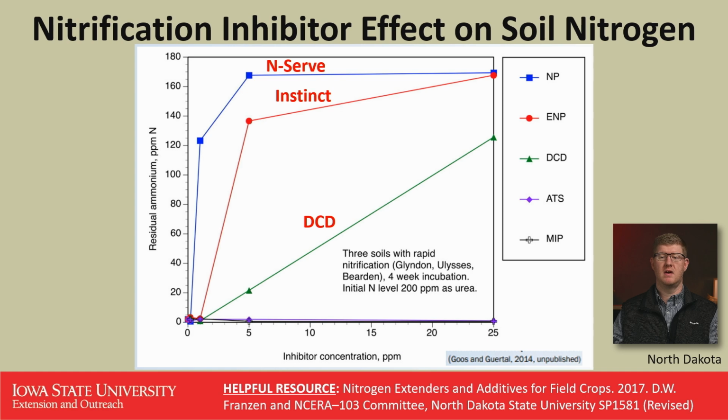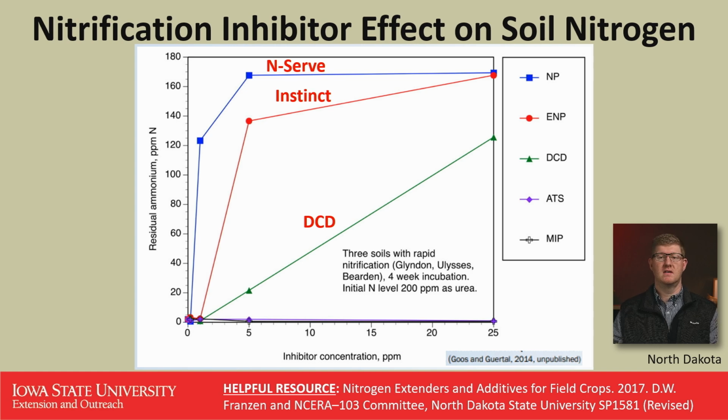So on the bottom of this figure, where you see inhibitor concentration, as we move from left to right, that means we're putting more of the product in the soil. You can think of this as analogous to the application rate of these products in the field. And again, on the left-hand side, on the y-axis, we have ammonium concentration in the soil. And so the higher up you are, the greater the concentration.